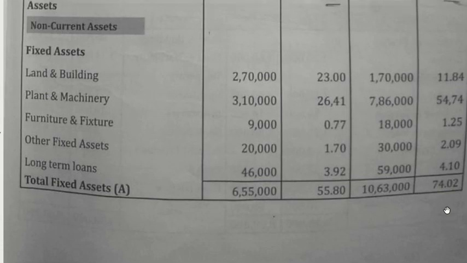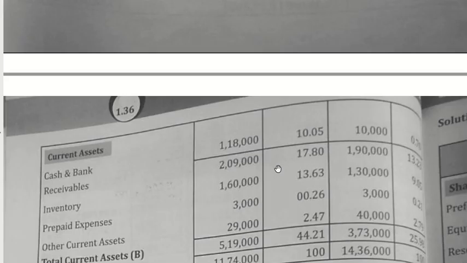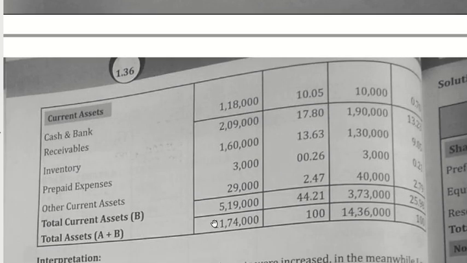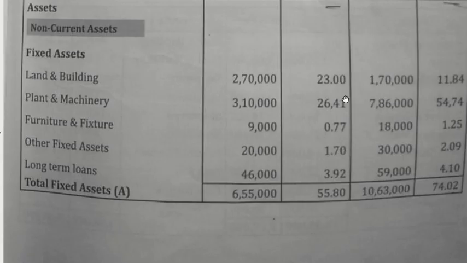Now moving on to our asset side, under that we have non-current assets. So we have fixed assets. Under that we have land and building, 2,70,000 is given in the question. So what is your total in the year 2001? It is 11,74,000. So divided by 11,74,000 into 100, you get 23%.